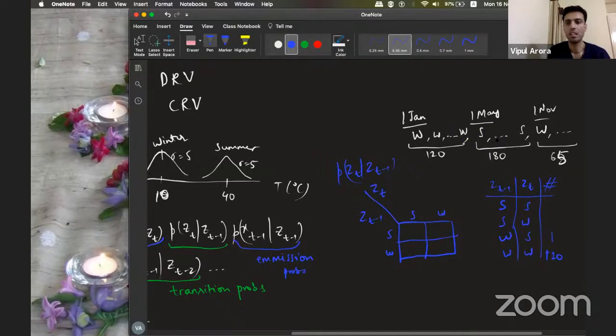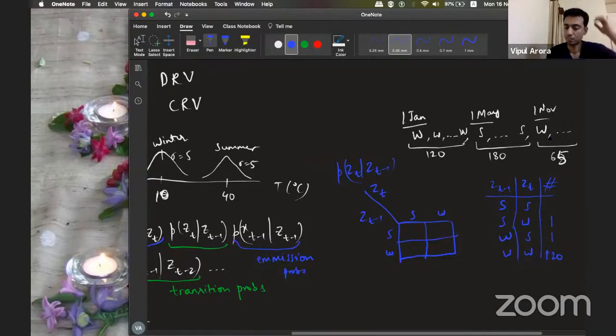Can you guess these 2 entries now? What is S comma S? What is S comma W? We will normalize at the end, but just tell me the counts first. So it is 1.